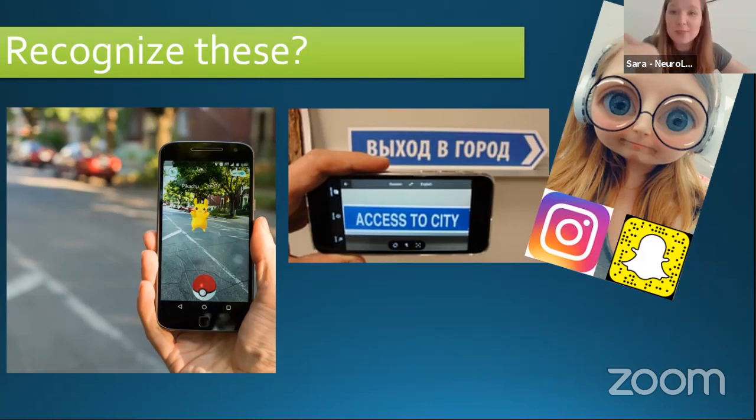And of course, last but not least, one that I'm sure you've seen before, you've used before, it's filters on Instagram and Snapchat and Facebook and on every single social media nowadays. So filters are actually augmented reality.